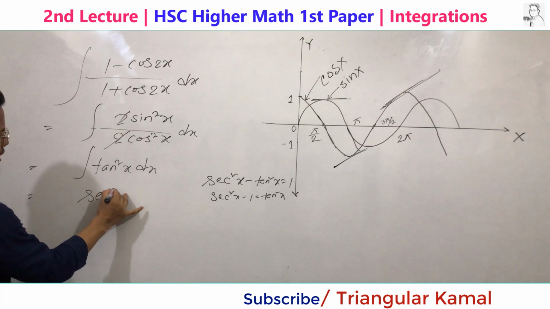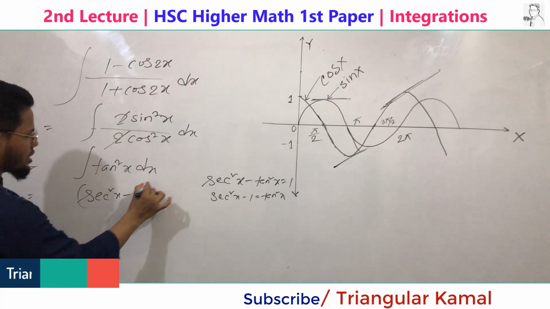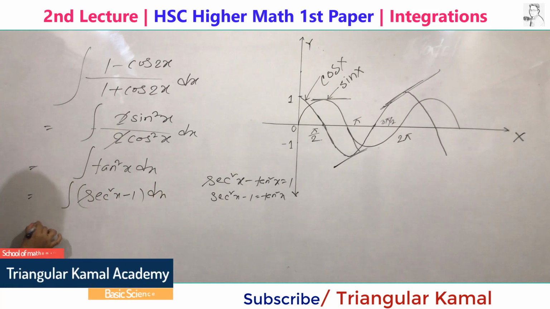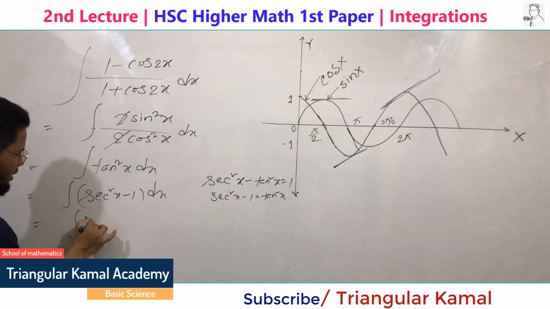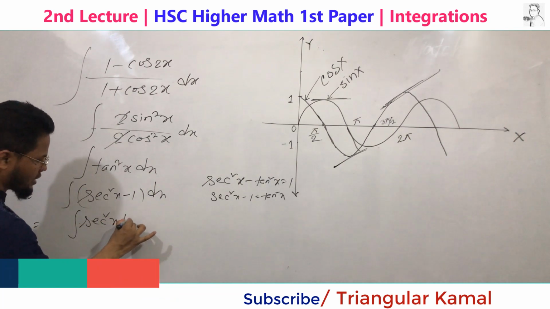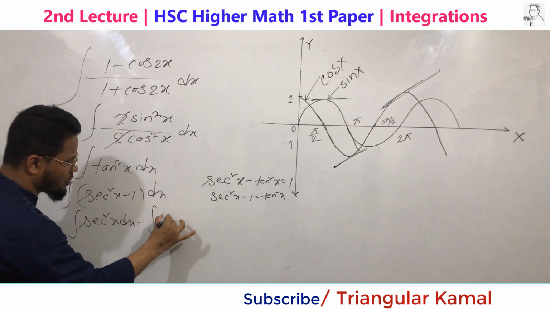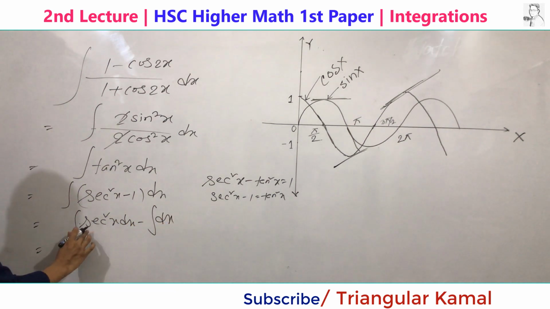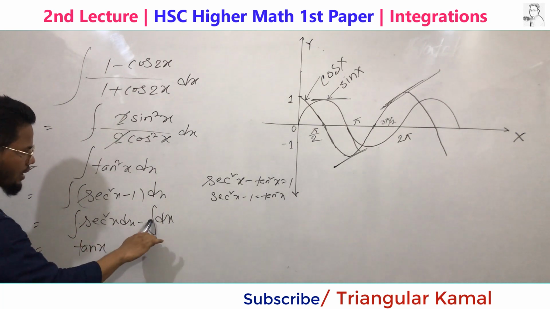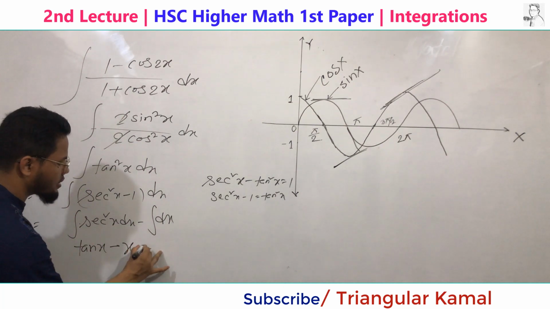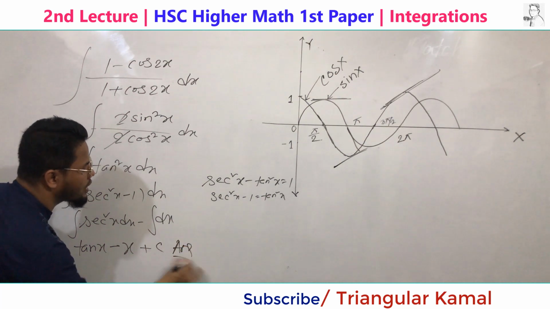So we can write sec square x minus 1 dx. Now there are two parts, separating them: integration of sec square x dx minus integration of dx. The integration of sec square is tan x and the integration of dx gives x, then adding the constant c we get the final answer.